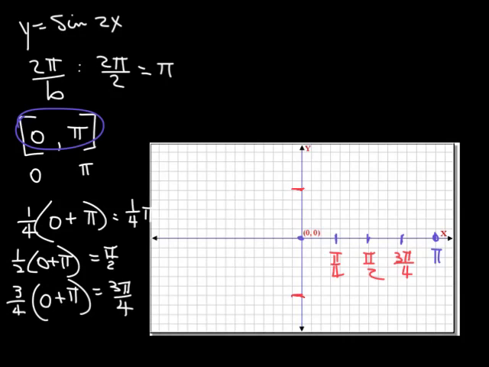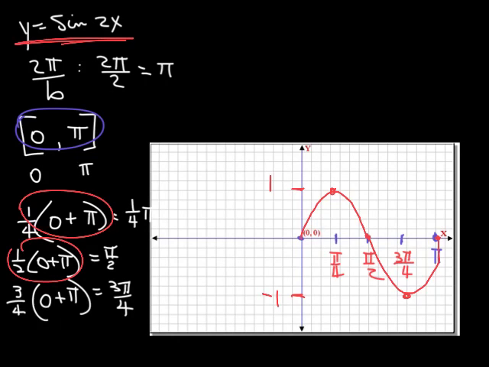I draw my amplitude of -1 and 1, and I know that's my high point. I'm going to cross there. That's my low point, and I'm going to cross there. So I can easily draw the graph of y equals sine of 2x because I've been given enough information there. So again, these are other formulas that are going to be good for you to have in your notes there.